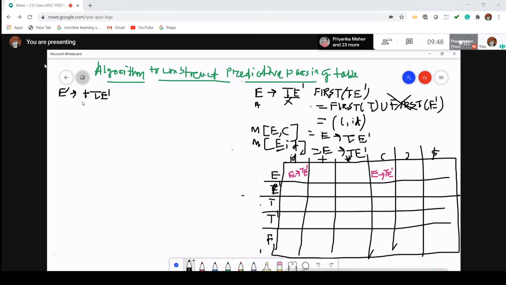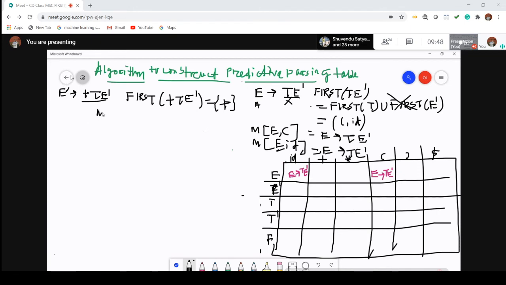So I have to calculate first of plus T E dash. Now tell me, what is first of plus T E dash? It starts with a terminal symbol, so by rule number 3 of the first set, first of plus T E dash is nothing but only plus.